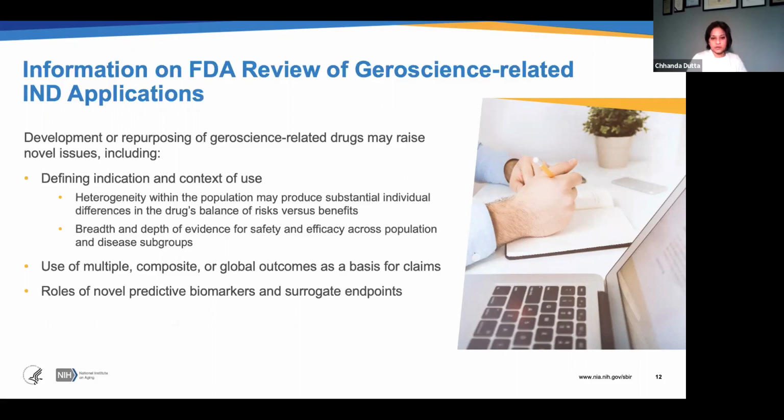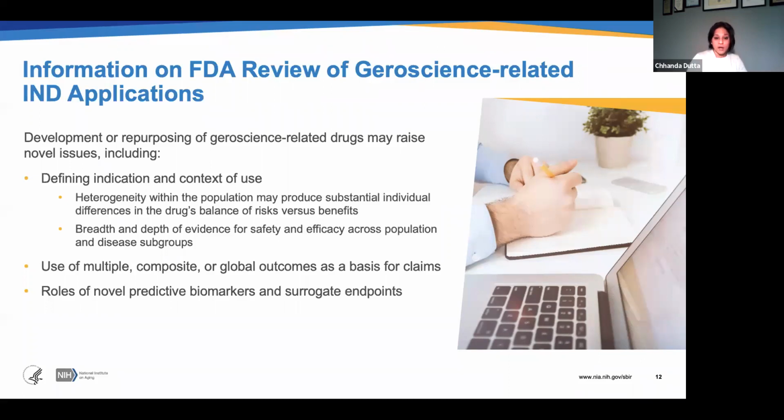So if there's anticipated widespread use of these drugs, it is worth spending some time thinking about the heterogeneity within the population that may produce substantial differences in the drug's risk to benefit ratio, and also giving some thought to the breadth and the depth of evidence, both from the safety and the efficacy standpoint, across different kinds of aging phenotypes as well as disease subgroups.